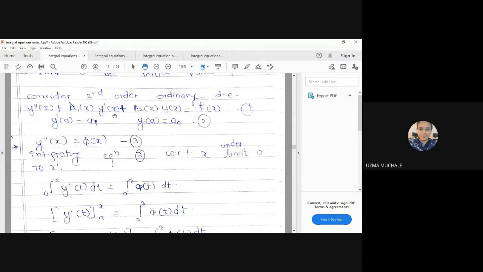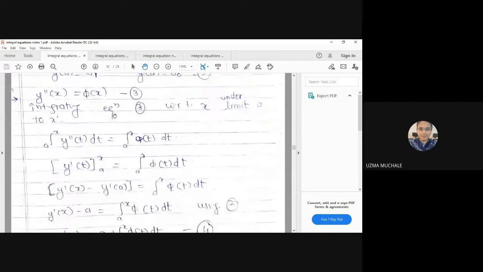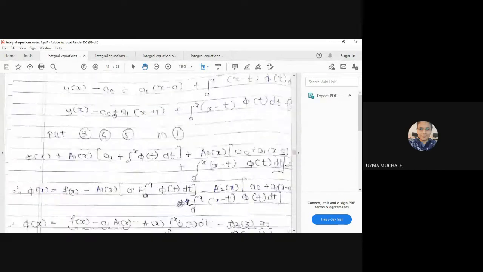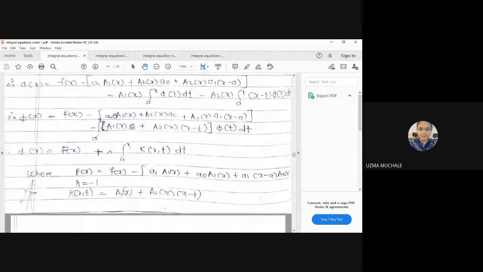For this type of differential equation, the initial value problem, you have to solve it using this method: you put y double dash equal to phi of x. Then you integrate this, solve it, and put it back in our equation. Put equations 3, 4, 5 in 1, and then you have to put it in the standard form. It may be any standard form, like Volterra or Fredholm integral equation.